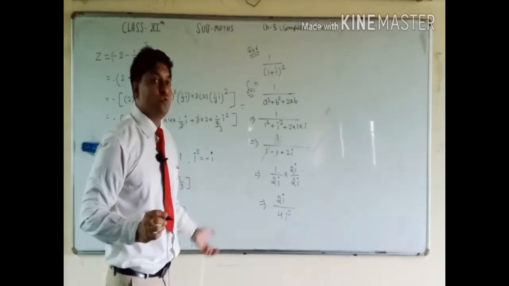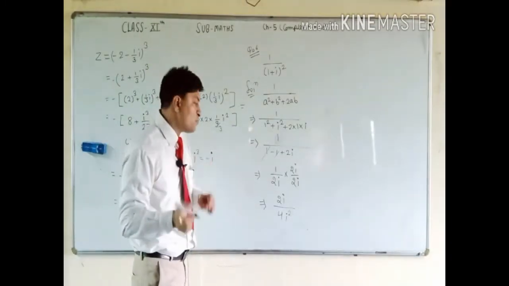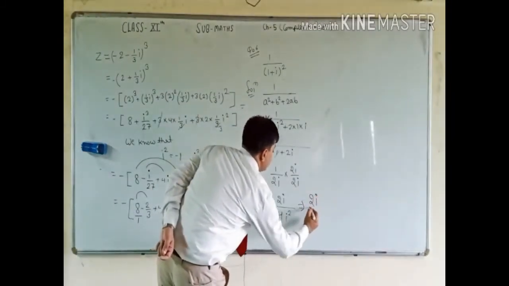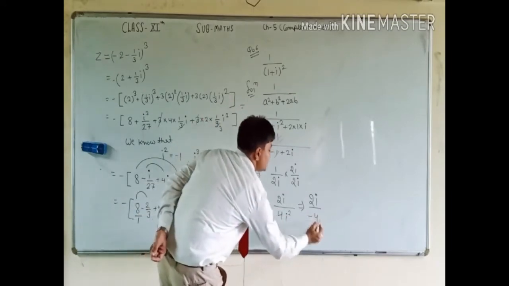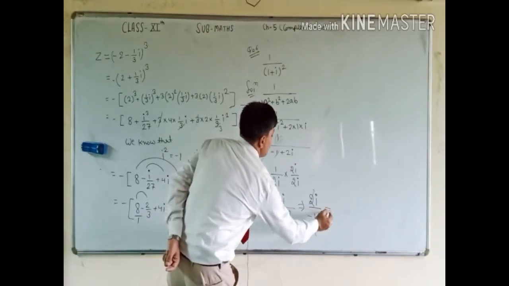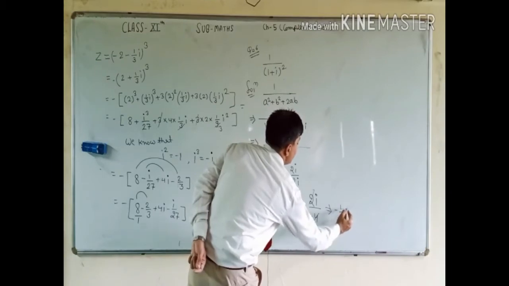And we know that what is the iota square? Iota square is equal to minus 1. So this is 2 iota upon minus 1 into 4 is equal to minus 4. 2 is cancelled out by 4 is 2 times. So our answer is minus 1 upon 2 iota.